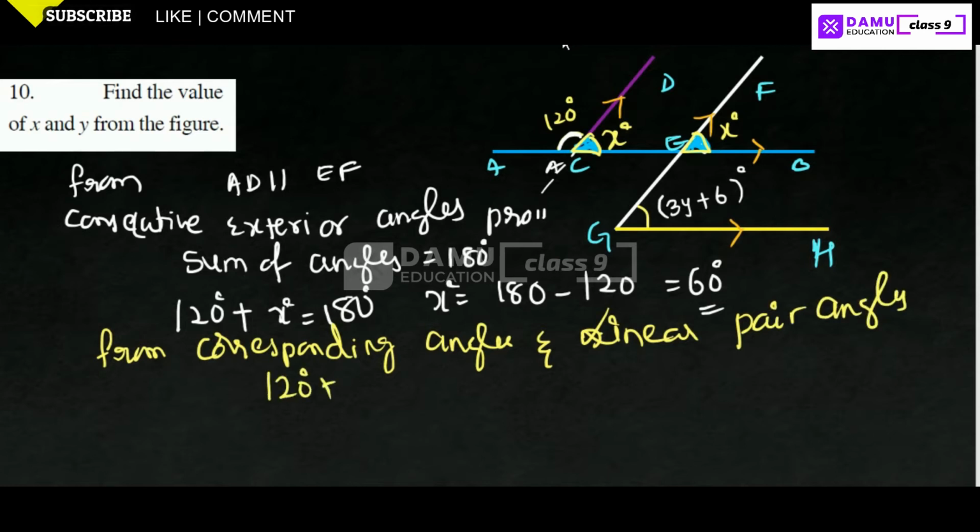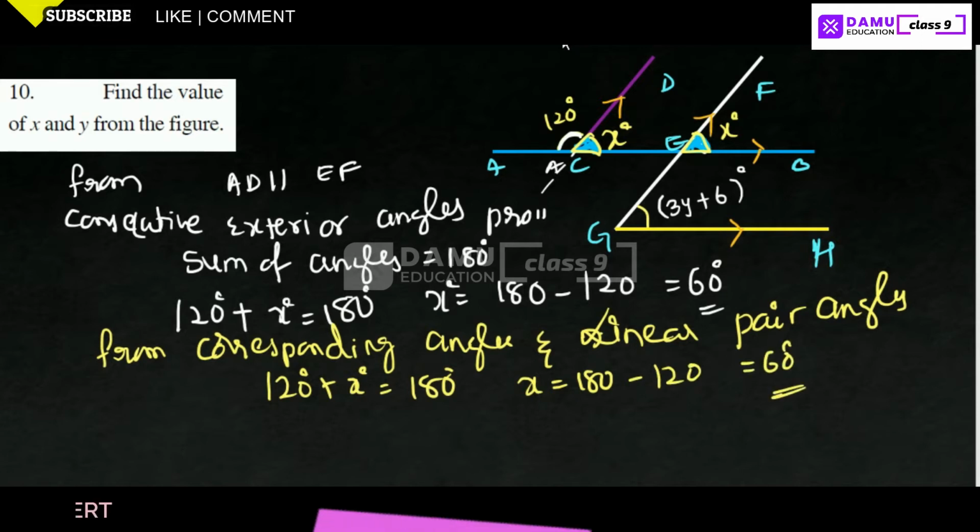So 120 plus x degrees will make 180 degrees. Then x will be equal to 180 minus 120, that will be equal to 60 degrees. So we have calculated x.